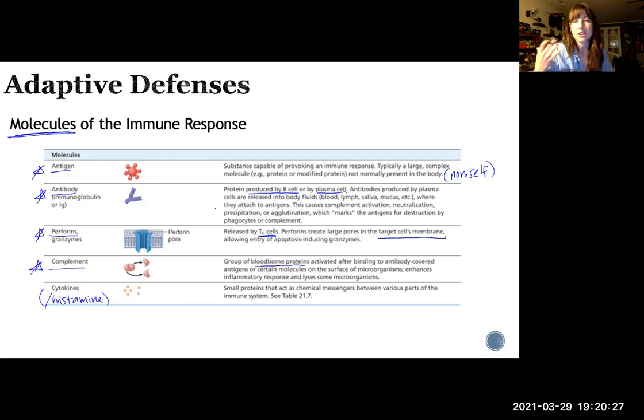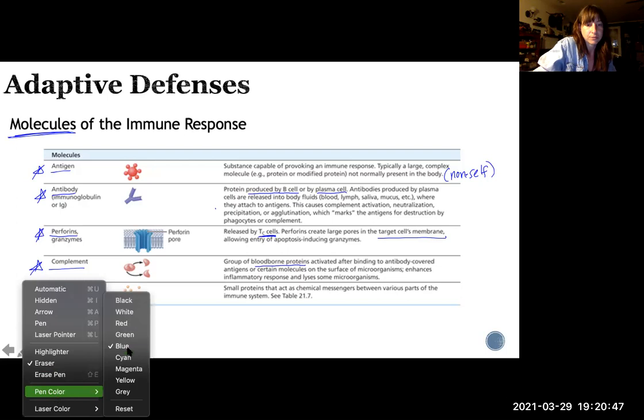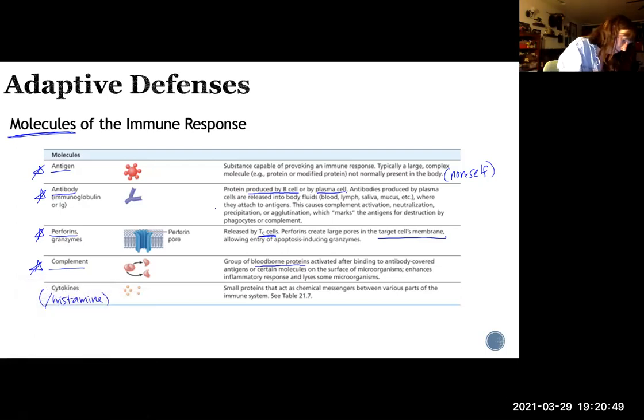These are basically going to be the chemical signals that initiate inflammatory response and further immune response, activating the immune system. I want to say that they activate inflammation. That's going to make more sense, I think, to my brain anyway, hopefully to yours. Okay, so they activate immune response.